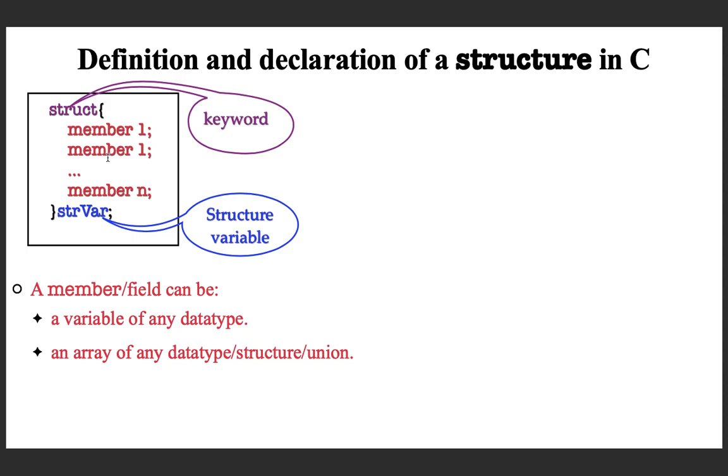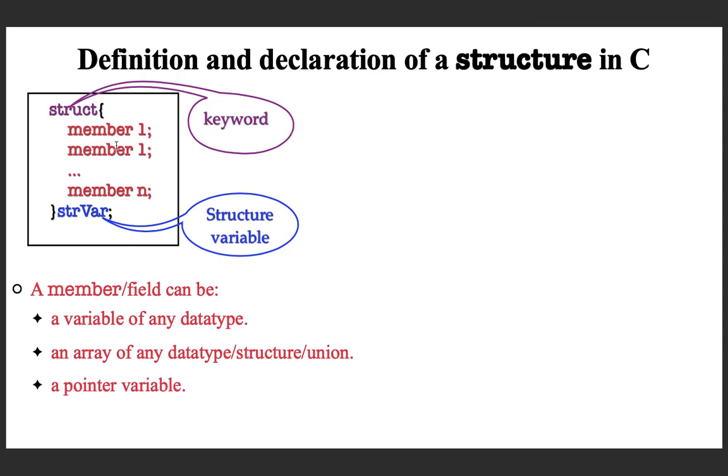Or you can even have another structure variable defined inside. Don't worry about it, we will see an example today. And in the next class we will see another compound data type which is union. And if you have such a data type defined, you can have a member of it.